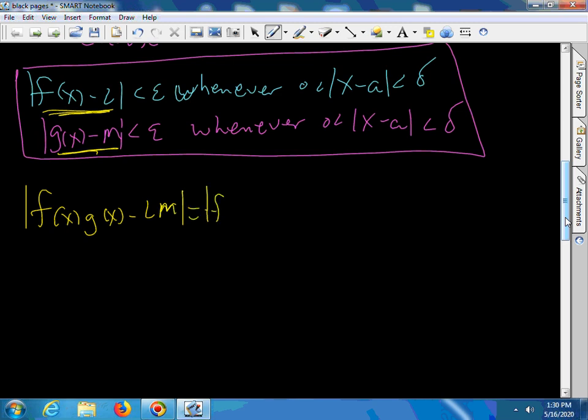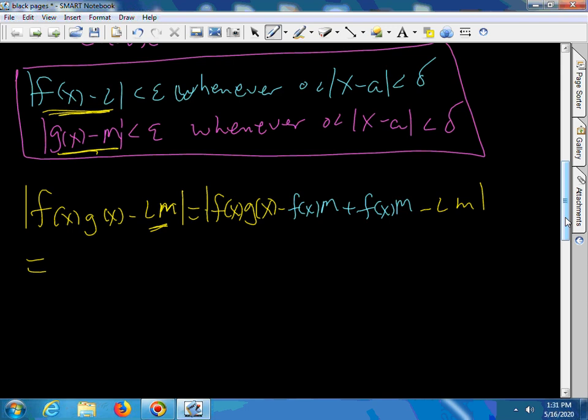This is equal to f of x times g of x, and out of nowhere I take away f of x M. Of course, I have to add back f of x M, and I still have to take away the LM. So those two are equal. I just added 0 to the right side of that equation.